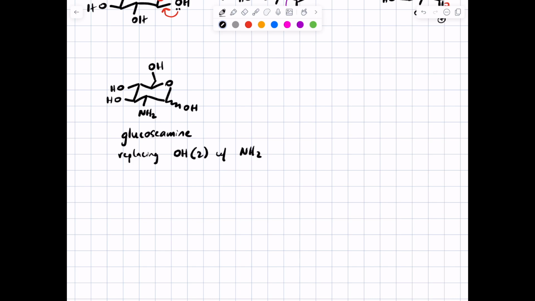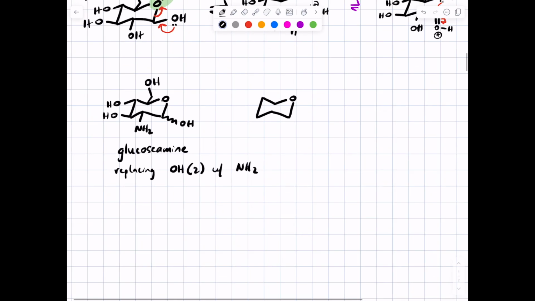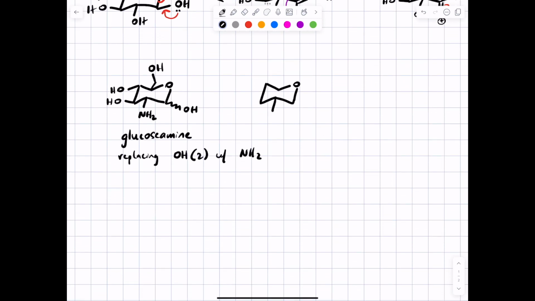And glucosamine you will have heard of before. Some people take it as a nutritional supplement. It has various uses biologically, sometimes found in the components of the extracellular matrix. Sometimes that nitrogen of the amino group is tied up in an amide bond with an acetyl group.